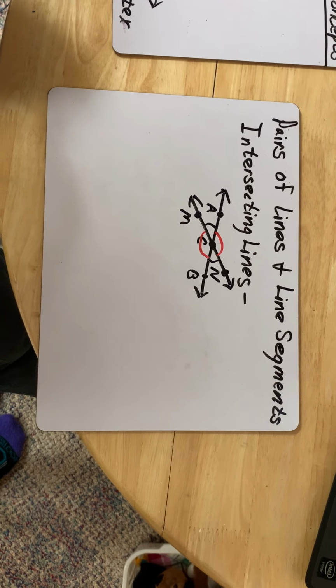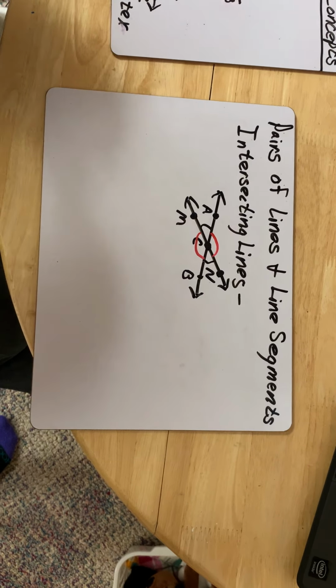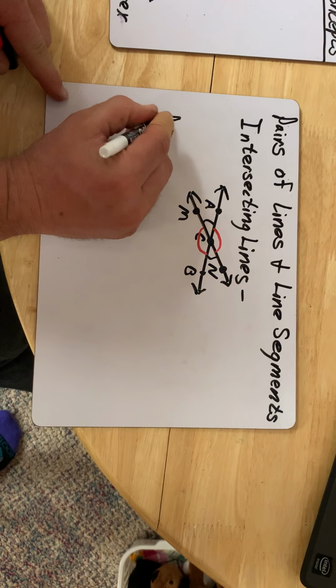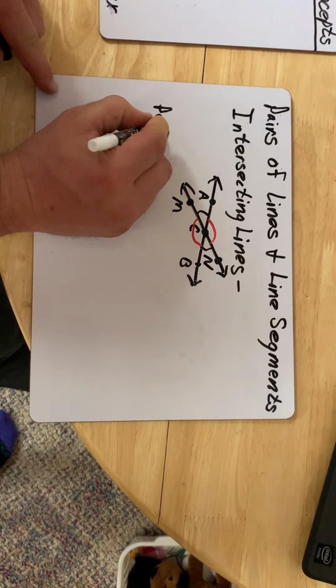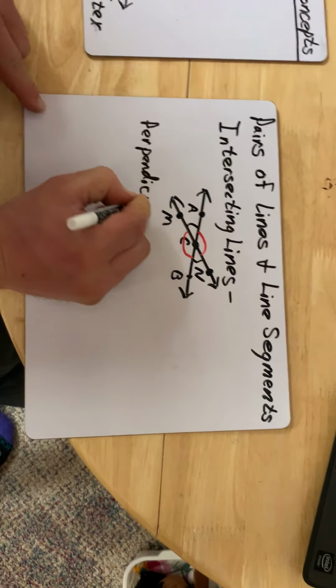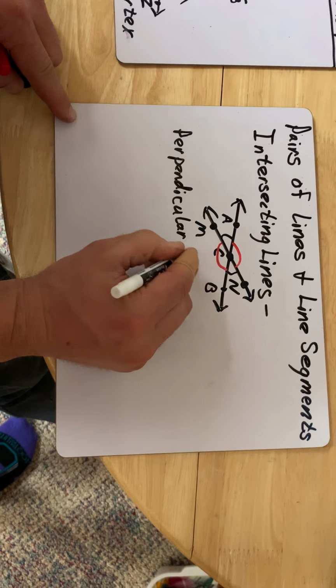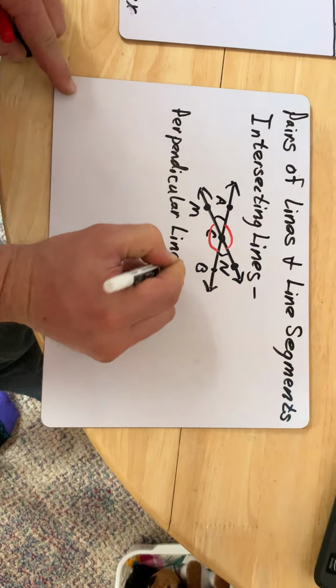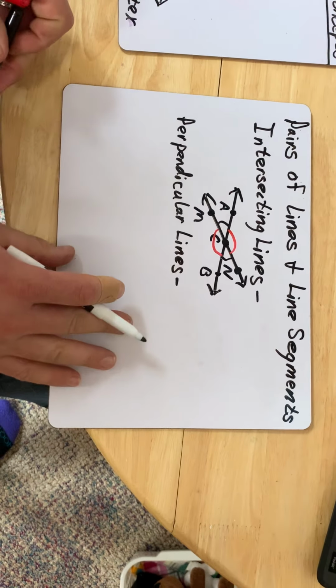Now, there is a special type of intersecting lines called perpendicular lines. Perpendicular lines are intersecting lines, but they intersect in a special way. Okay.